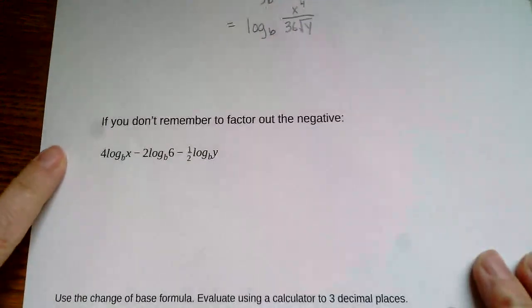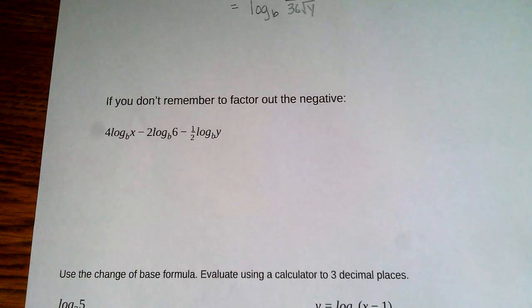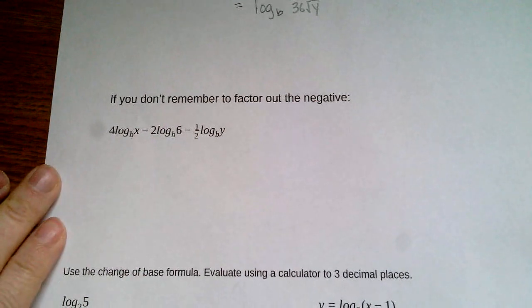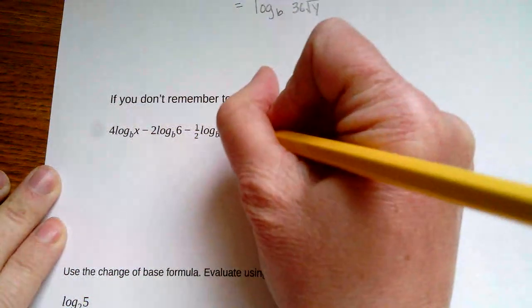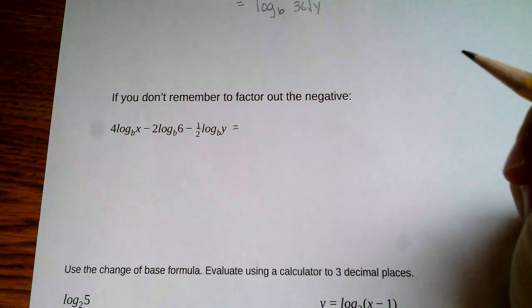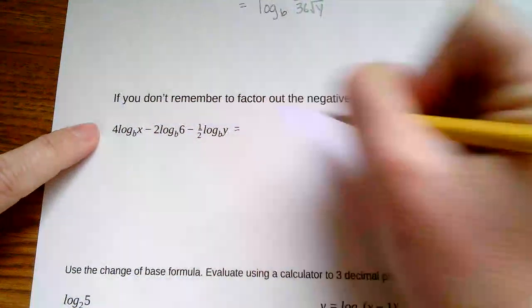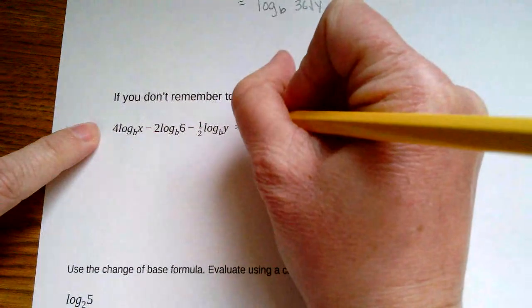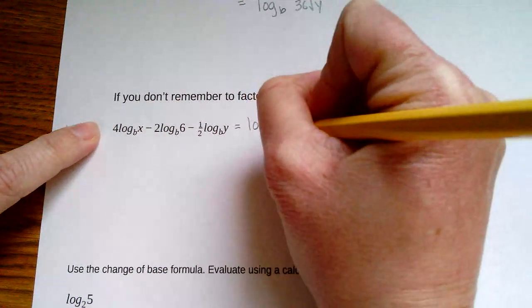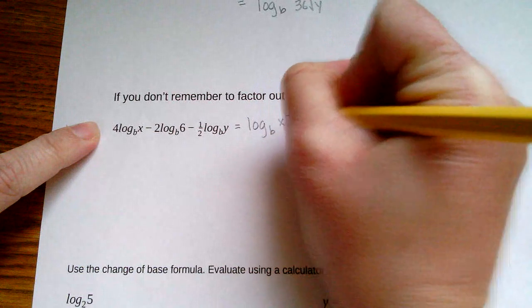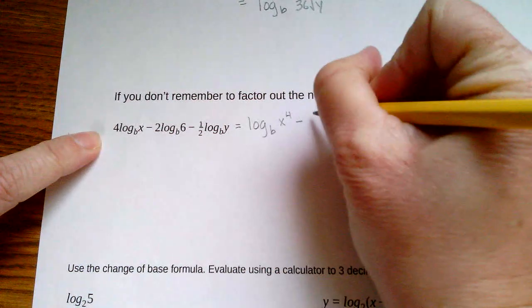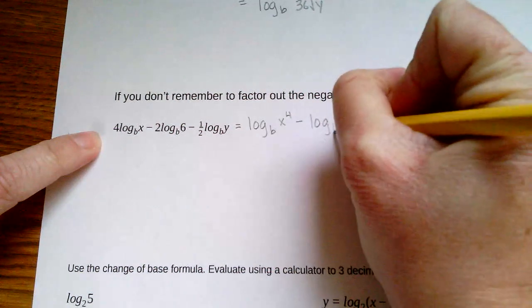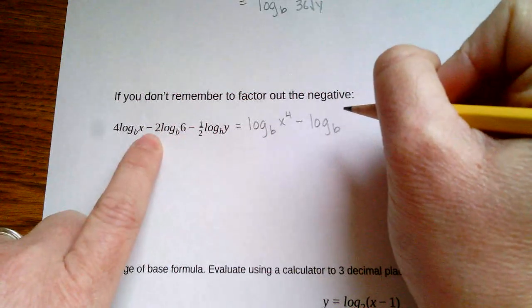A lot of times, students will forget to factor out the negative. So let's see what happens if you do that. If you just start putting in all the exponents, you will have log base b of x to the fourth minus log base b of 6 squared.